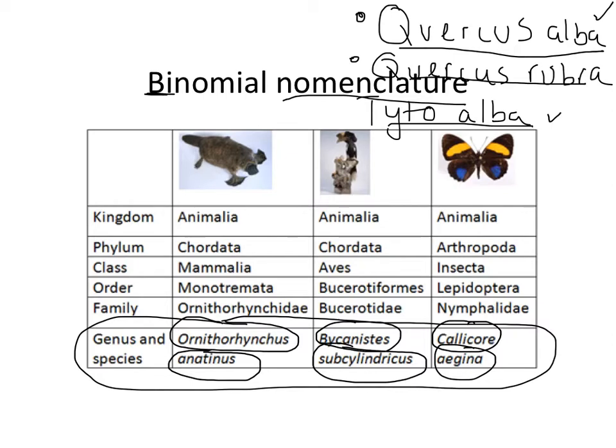So this one up here is the white maple, this one is the red maple, and this, Tito, means owl. So this is a white owl. Obviously not as related to the Quercus alba as the Quercus rubra would be. Okay, so make sure you look at the genus when you're trying to determine how closely related two different organisms are.